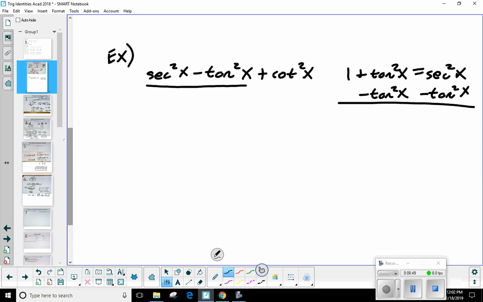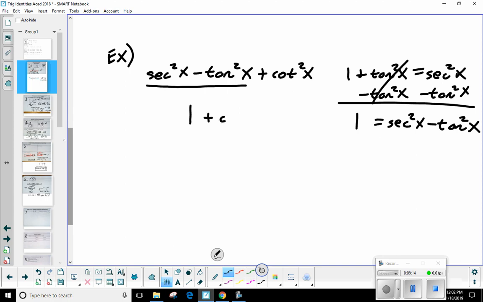Okay. So tangent squared minus tangent squared, those are gone. So there's the secant squared of x minus tangent squared of x, but it should equal what? 1. See, all I did was change the equation. So I know now that secant squared minus tangent squared is 1. So I'm just going to replace this with 1.